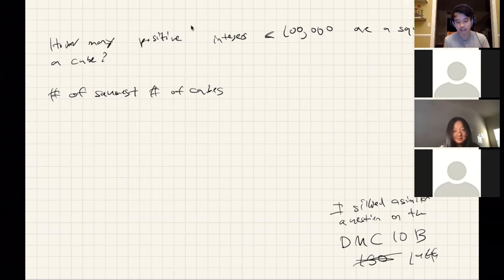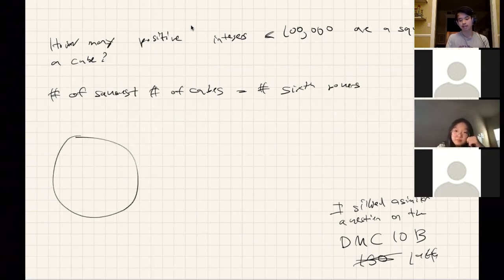The reason why you can't just do this is that you've counted one type of integer exactly twice. You've counted the number of sixth powers exactly twice.